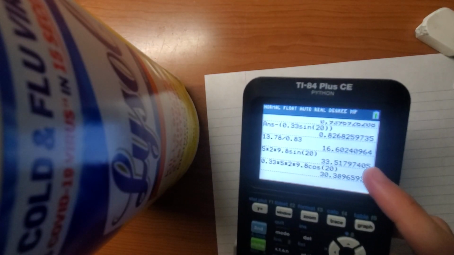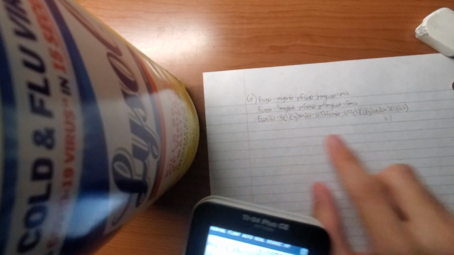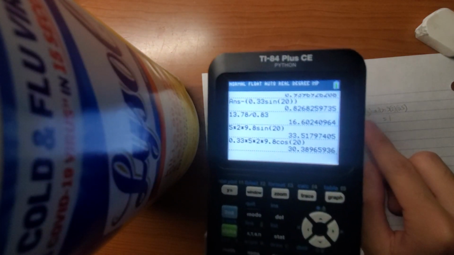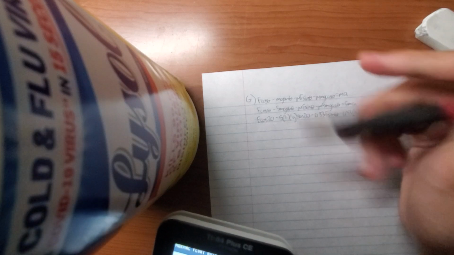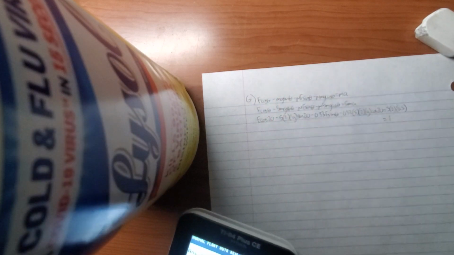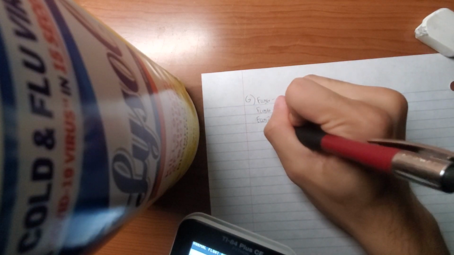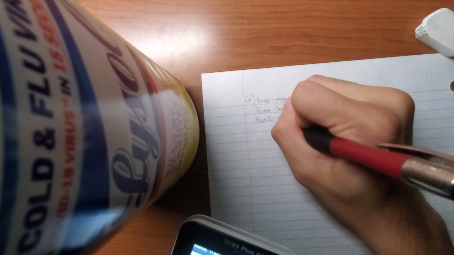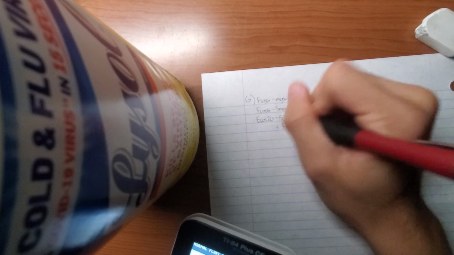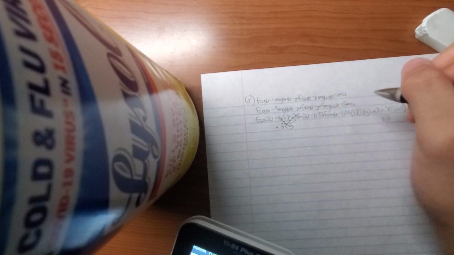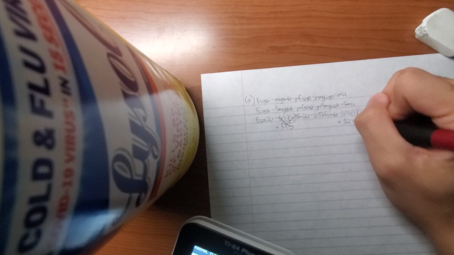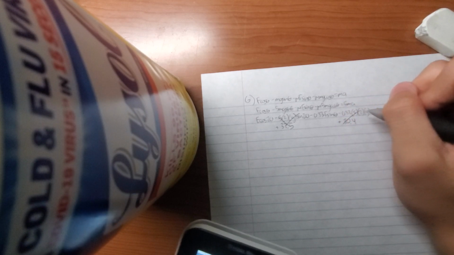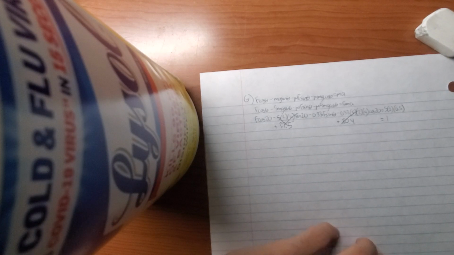So with this number, the second from the last one is going to be this, and the last one is going to be this whole term. We're actually going to move these over. This is basically 33.5, so these cancel out because we just solved for it. This will become 30.4, so these cancel out.